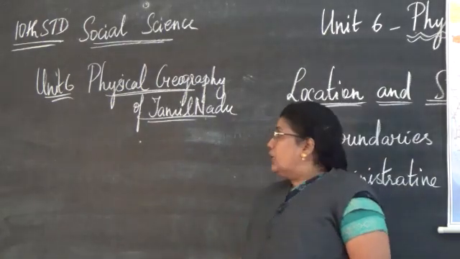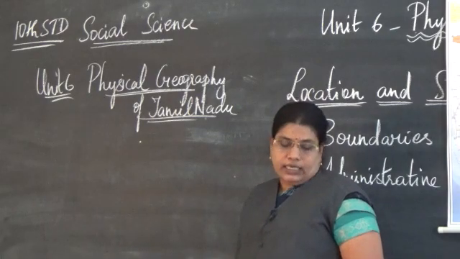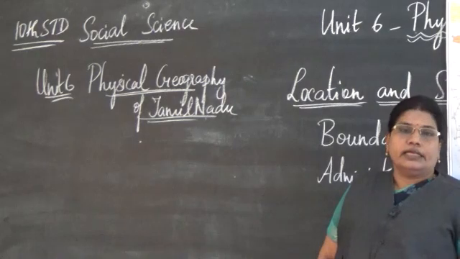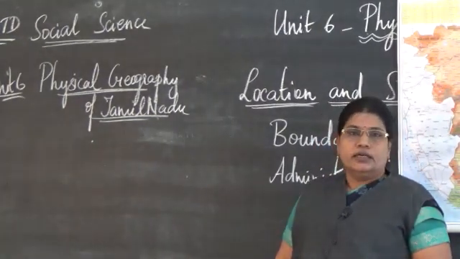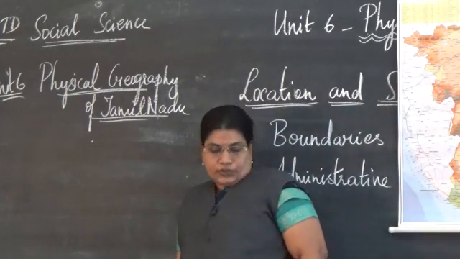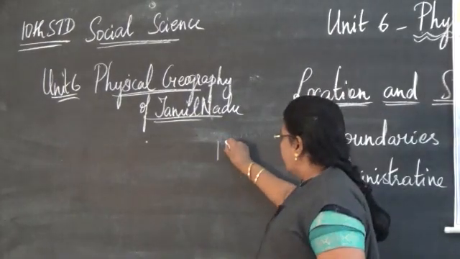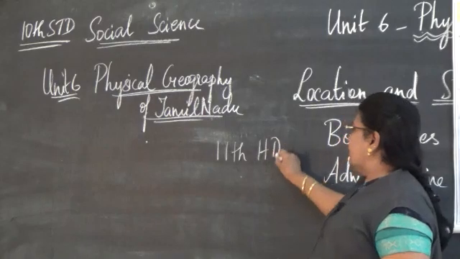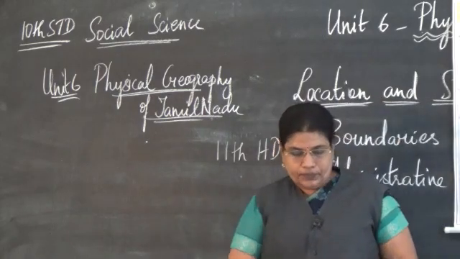Now you know that Tamil Nadu is a unique state in India, famous for its temples, architecture, movies, food, classical dance and Carnatic music. Tamil Nadu ranks 11th in the Human Development Index in India.